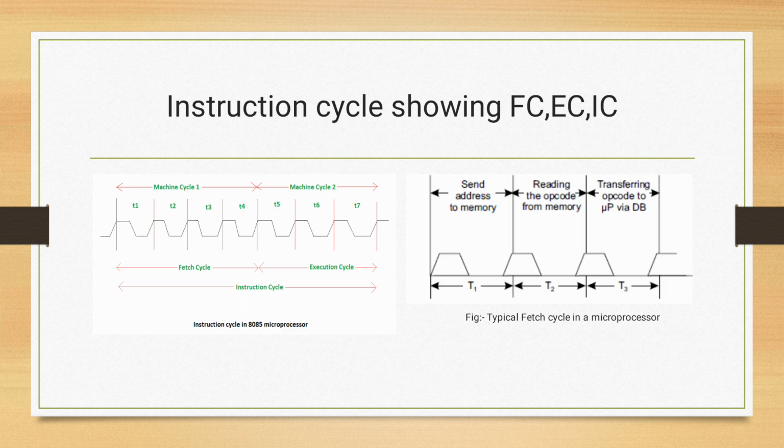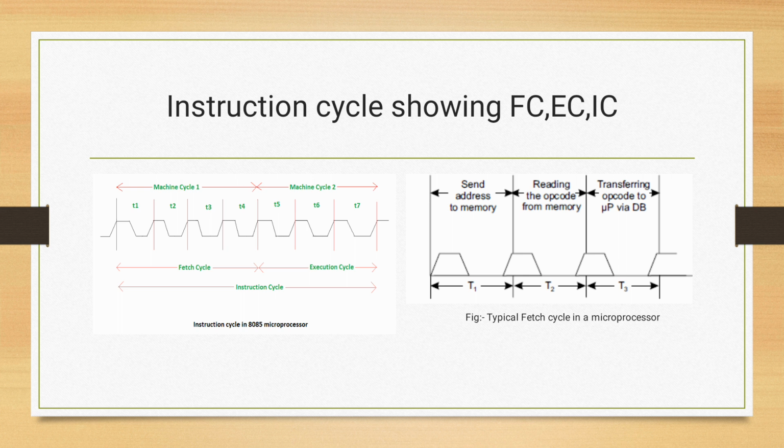So this is the timing diagram of an instruction cycle in the Intel 8085 microprocessor. Here you can see there are several T states required to complete a machine cycle.